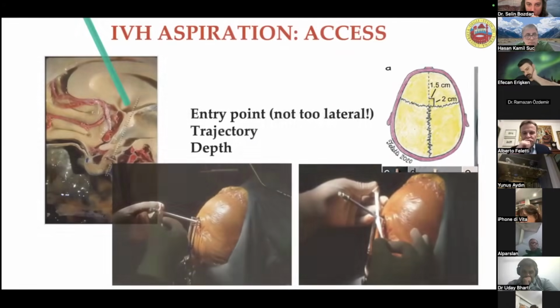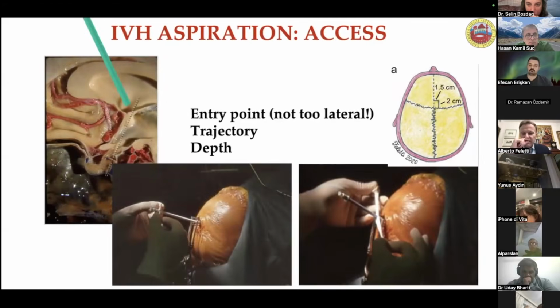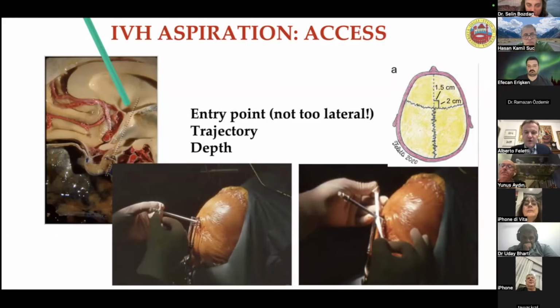Because when you enter the lateral ventricle too lateral, the angle between your endoscope and the cerebral aqueduct is too big, and it is not so easy to enter the cerebral aqueduct. But if you stay closer to the midline with the entry point, when you get into the third ventricle and you face the aditus of the cerebral aqueduct, it will be much easier for you to enter the cerebral aqueduct with a flexible endoscope.